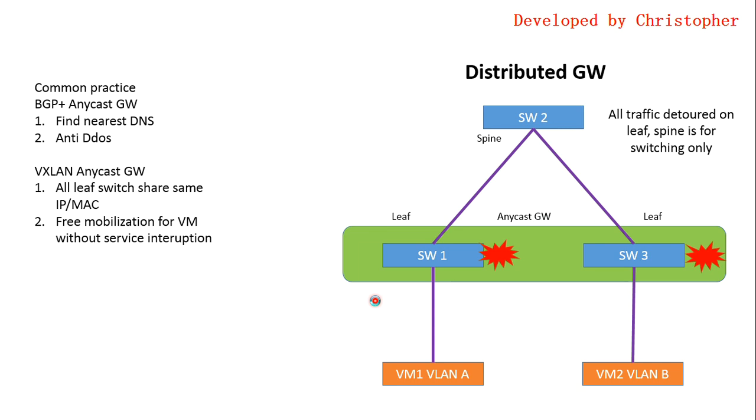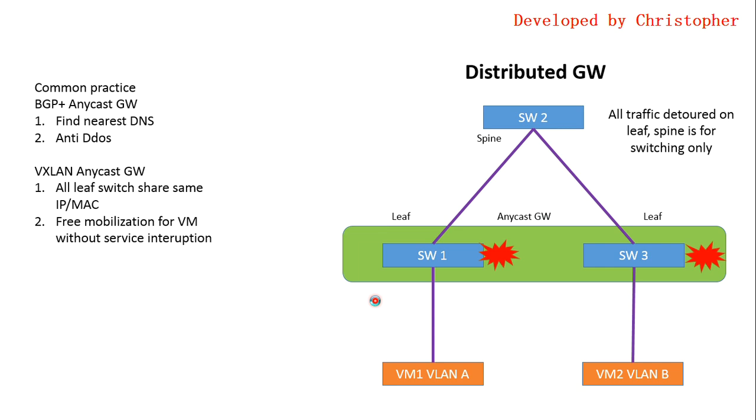If that machine has Anycast Gateway deployed, then the burden of the traffic will be alleviated to different servers, which will help avoid the DDoS attack.